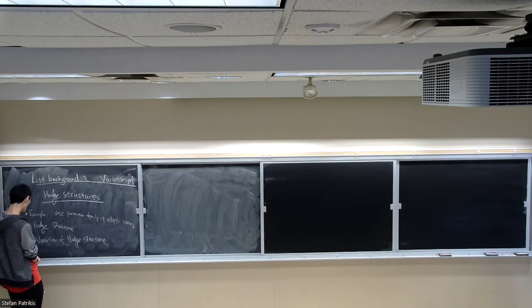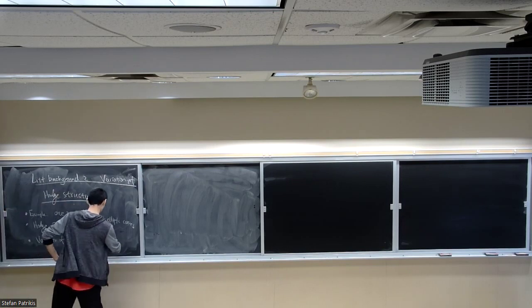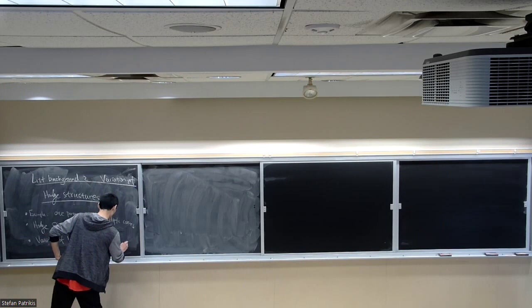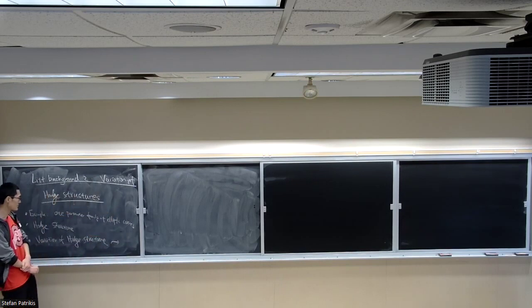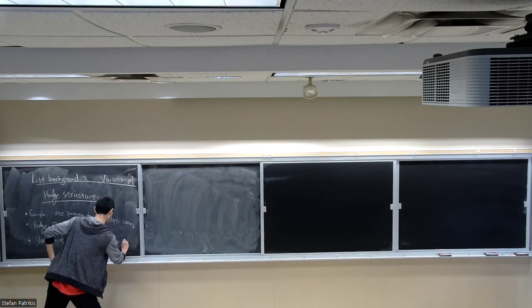Then we are going to talk about the Griffiths transversality and how this is related to the deformation of complex structures, and in the end, we will say some words about how this leads to the Higgs bundle. That's the plan.